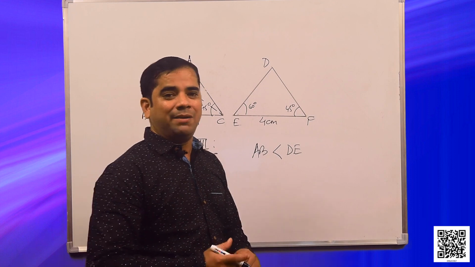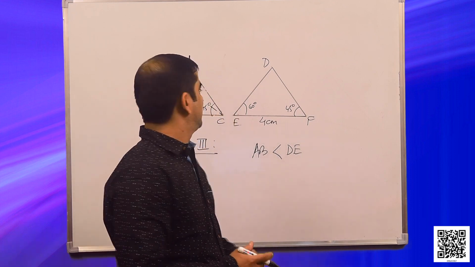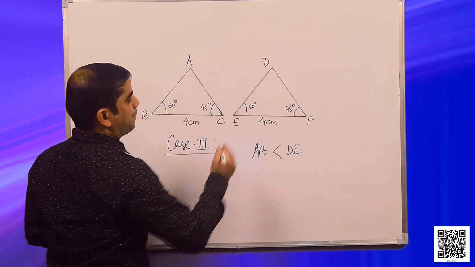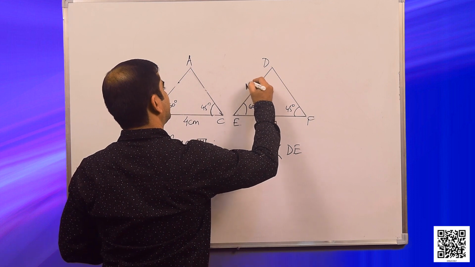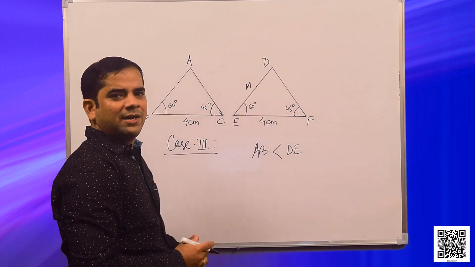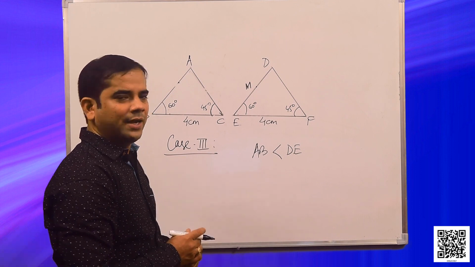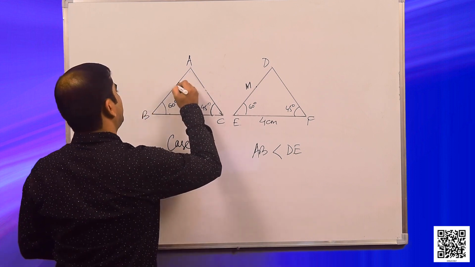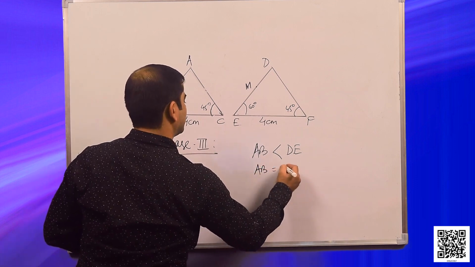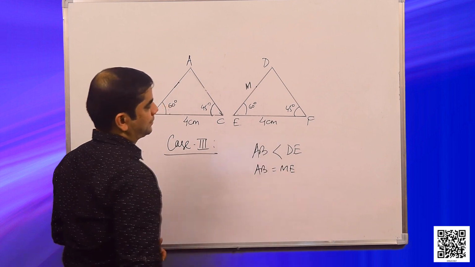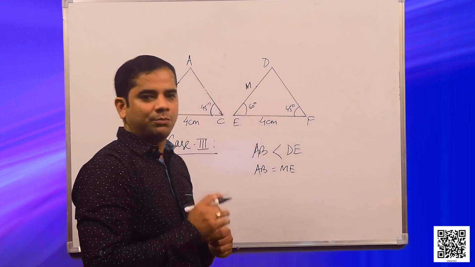We can take a point M on DE such that ME is equal to AB. This is assumed.